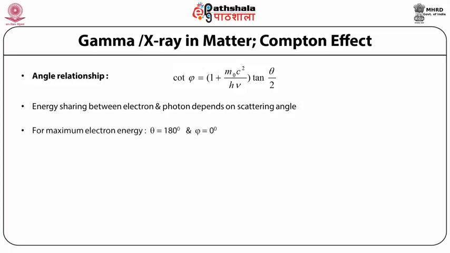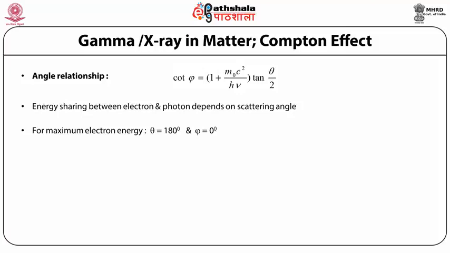For maximum electron energy, theta is equal to 180 degrees and phi is equal to 0 degrees. What is theta and what is phi? We have seen in the previous slide that theta is the angle of the scattered photon and phi is the angle of the scattered, recoiling electron.